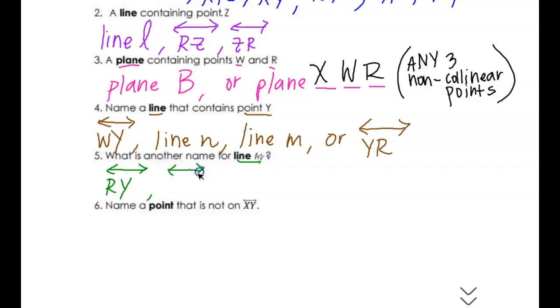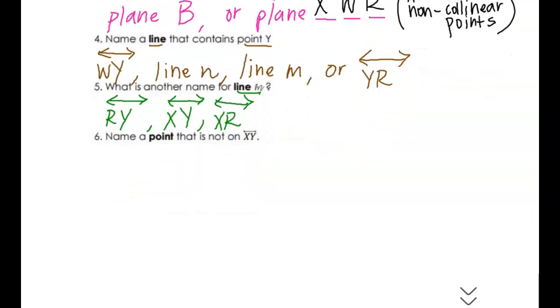X what? XY or XR. Good. So, Alejandro, when you say line, you need 2 points on the line. Good.